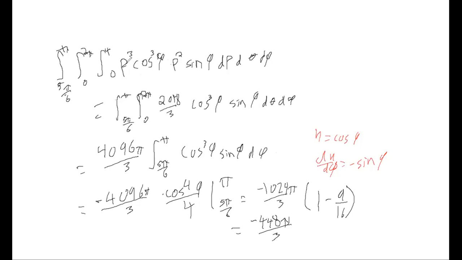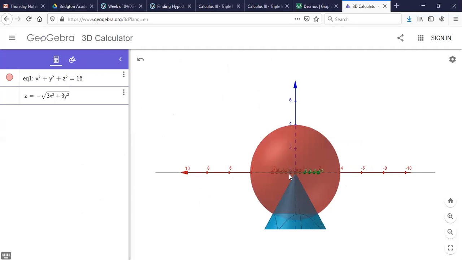And this should fit because as a volume, obviously things would be positive, but we weren't looking at a volume. We were looking at the signed mass, if you will, of something where we're going from z equals 0 to z equals some negative, going downward. If we go back to our original picture, this is a shape below.